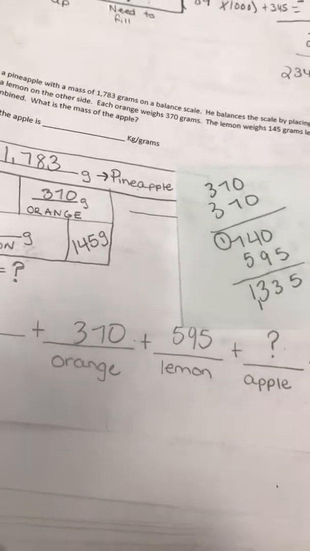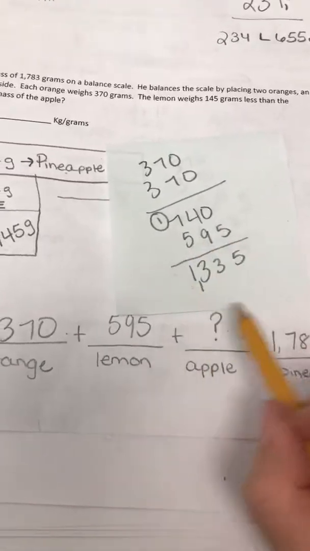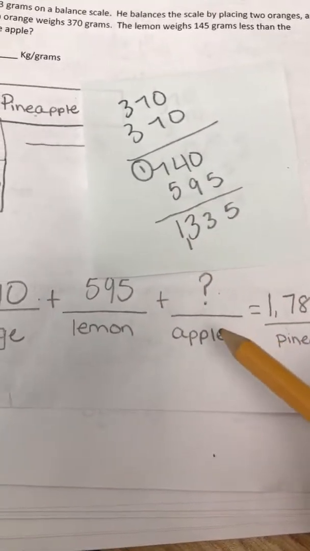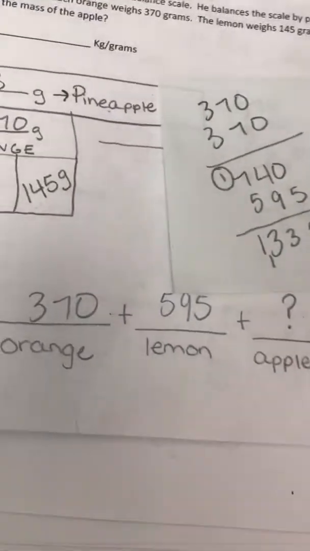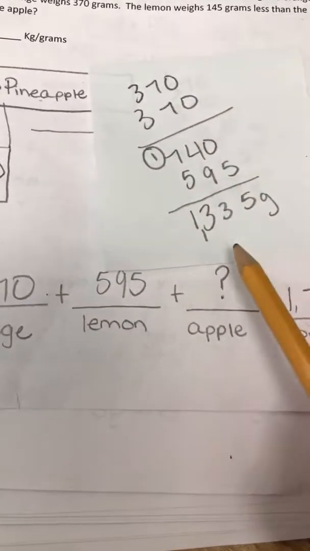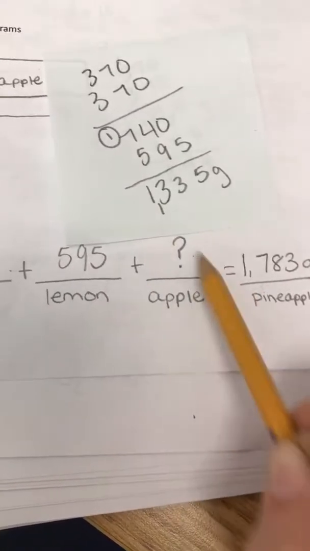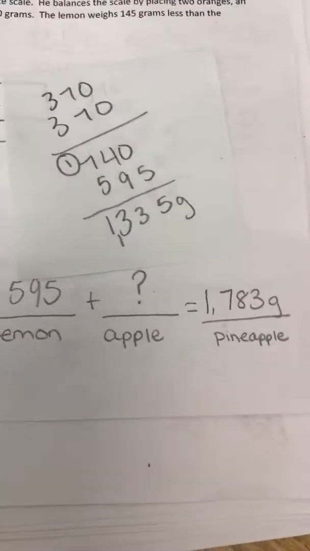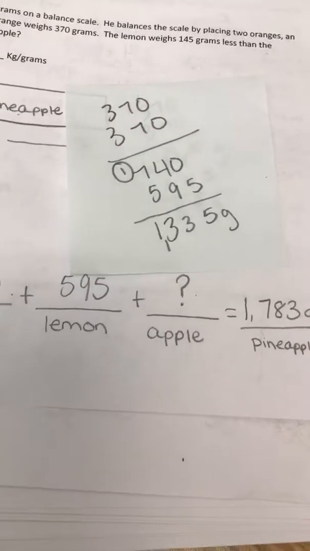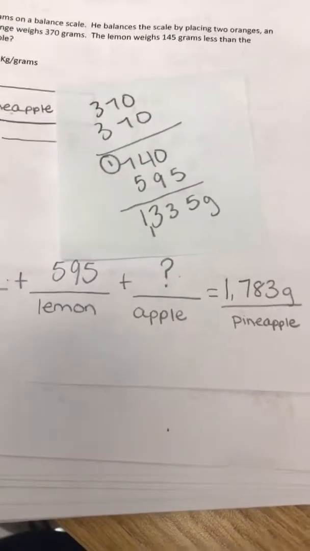Okay, so the 2 oranges and the lemon, all together they weigh 1,335 grams. So 1,335 grams and whatever the weight of the apple is would get us 1,783 grams. To find this missing value, I'm going to have to subtract.